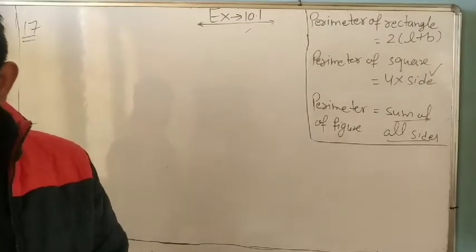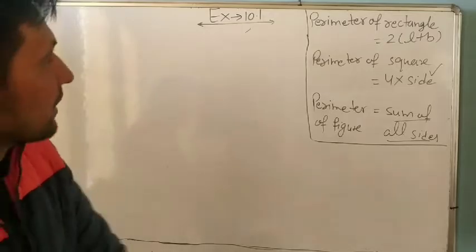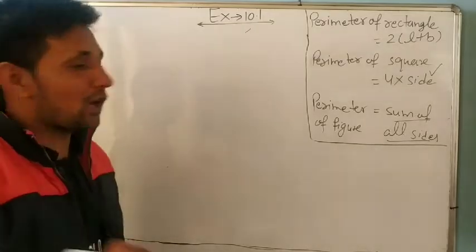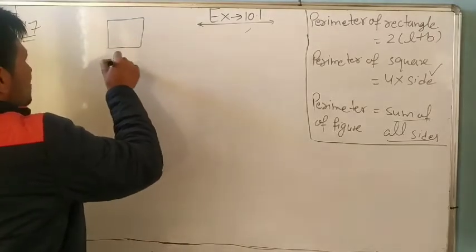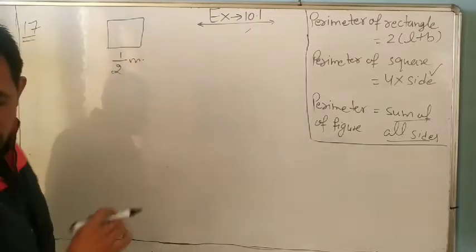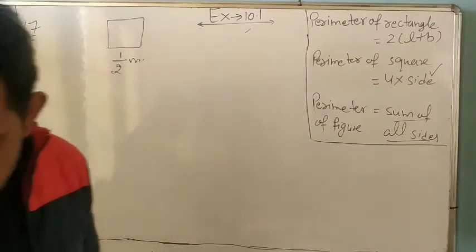Question number 17, last. Avneet buys 9 square paving slabs, each of side 1/2 meter. Avneet buys how many squares? 9 squares. He lays them in the form shown first. What is the perimeter of his arrangement?